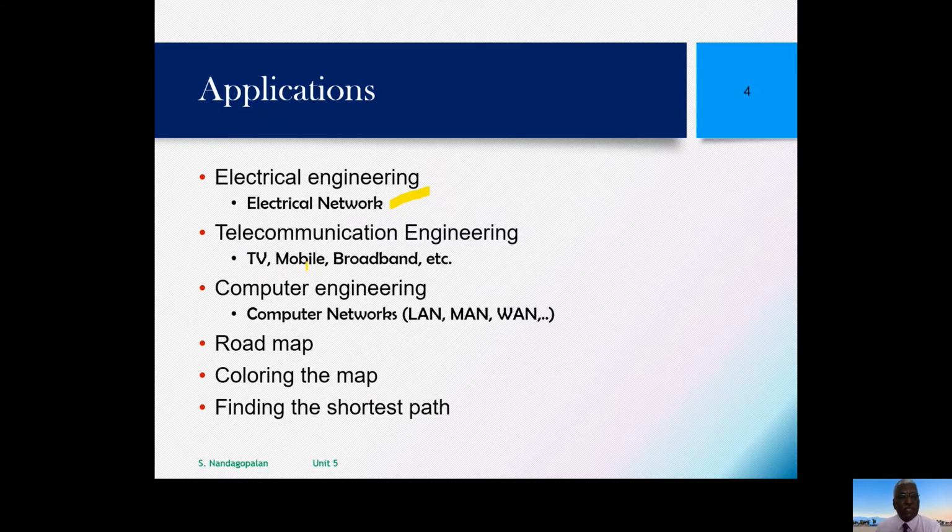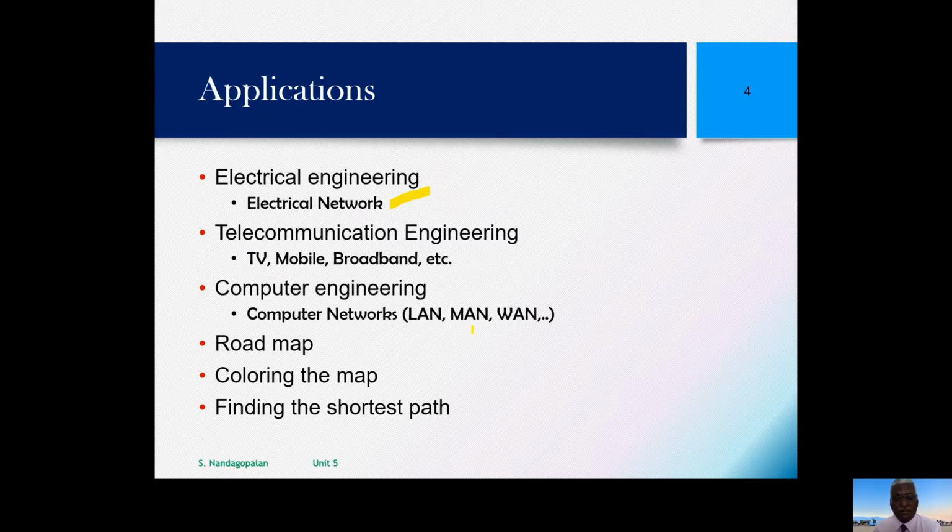So these are the vertices, mobile phones, and via the mobile network we establish connection. So from mobile 1 there is a connectivity. People can talk from mobile 1 to mobile 2 or mobile 2 to mobile 1. It's a two-way communication.